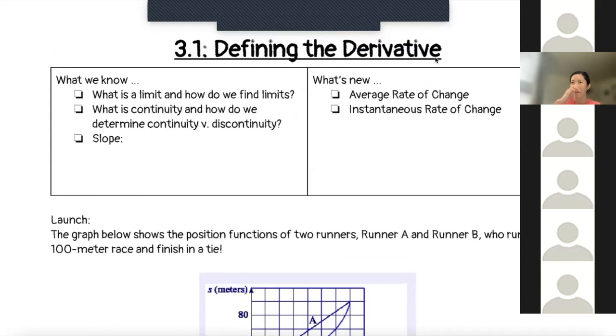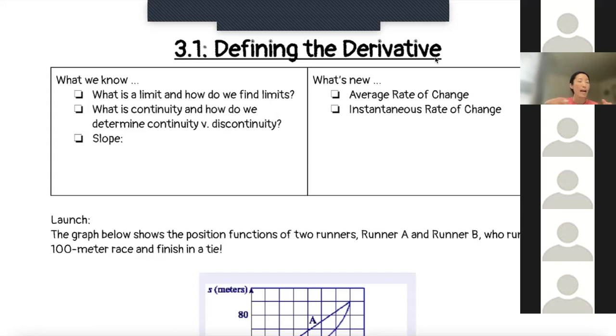And so anyone who's ever had any experience with calculus before, this word derivative should sound very, very familiar. And we're going to spend basically the next few weeks thinking about what a derivative is and just about a bazillion ways to find a derivative.